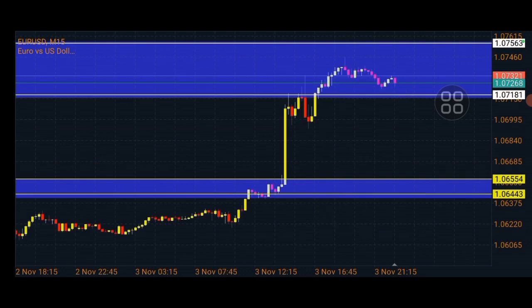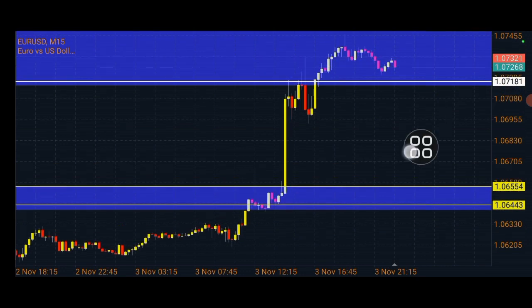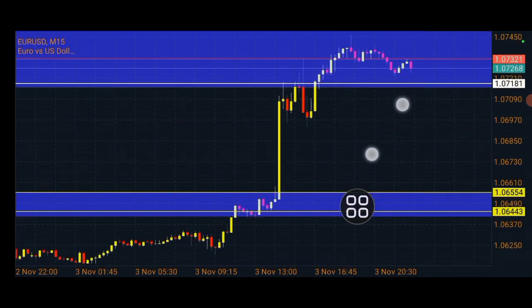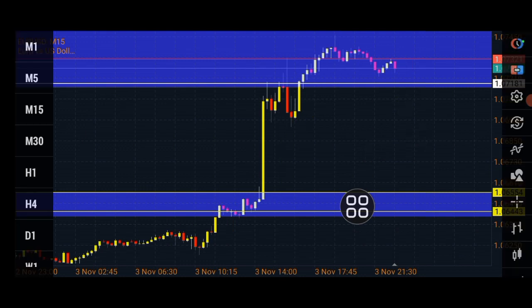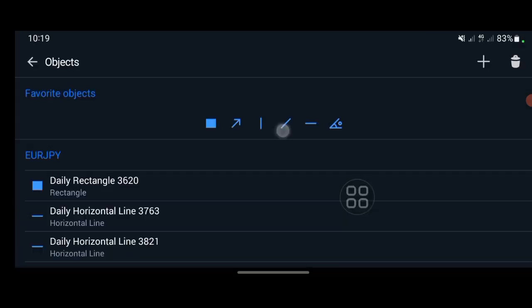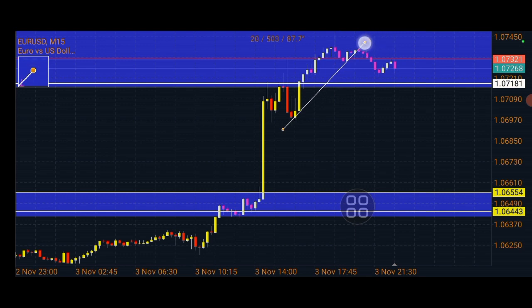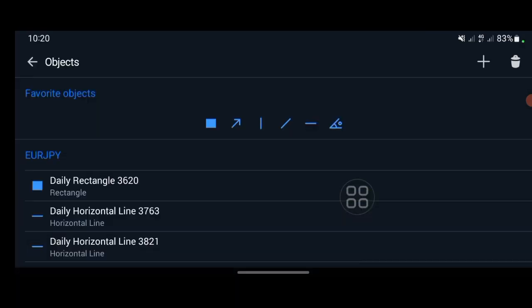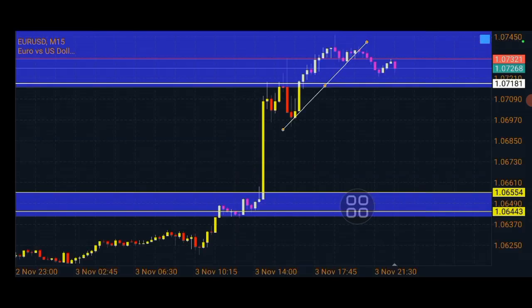Okay, it has loaded. As you can see, this kind of level, some might say break of structure and some other little things. You can see when price comes back with M15, price should not cross this zone.